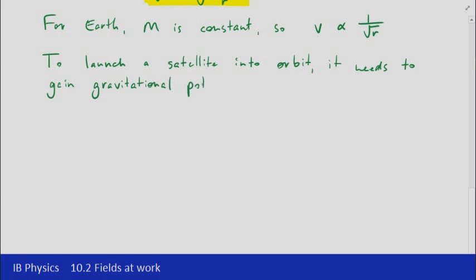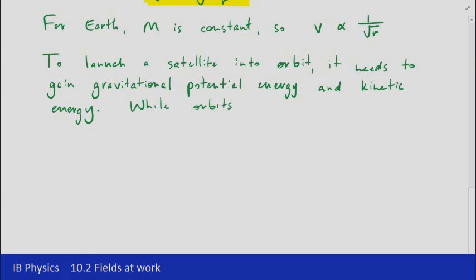That means it's going to gain gravitational potential energy. And it also needs to be sped up so that it reaches that orbital speed, and so it also has to gain kinetic energy. Obviously the amount of kinetic energy it's going to gain will depend on the orbital radius that we're looking at.